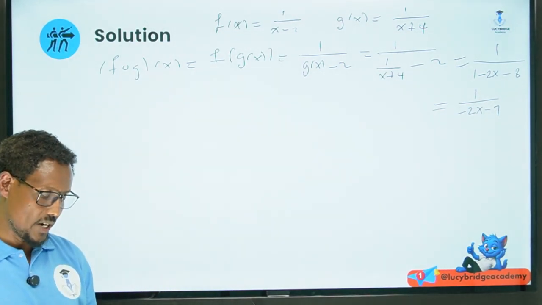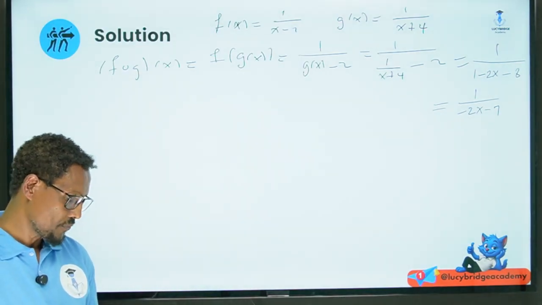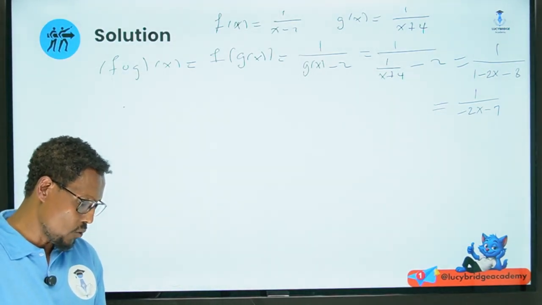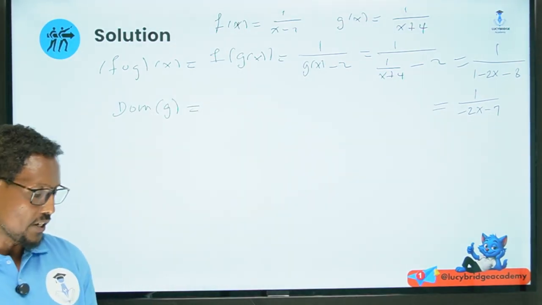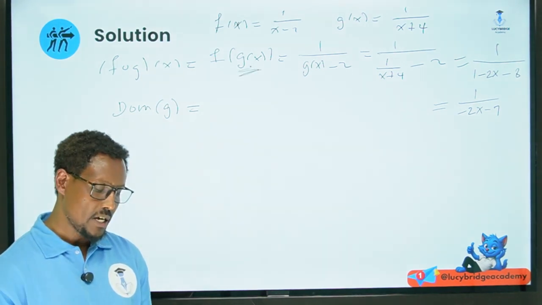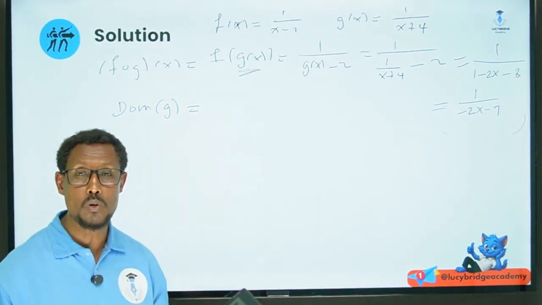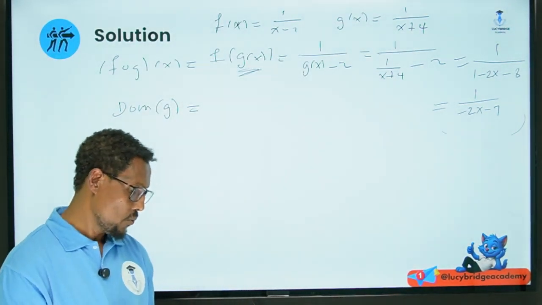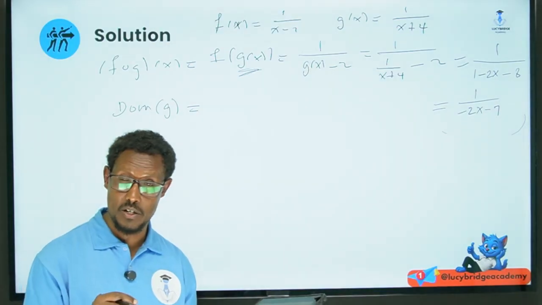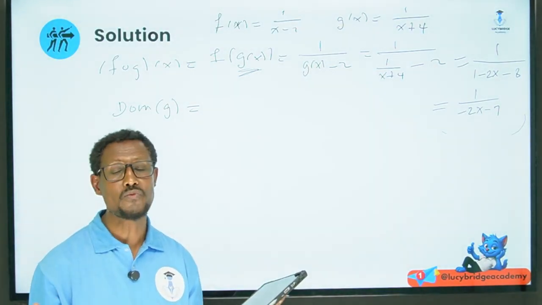But we are asked to find the domain of f circle g. First we have to find the domain of g. As we did before, we take the intersection of the domain of the inner function g and the domain of the composition fog. So we need two kinds of domain, the inner function domain and the composition function domain.